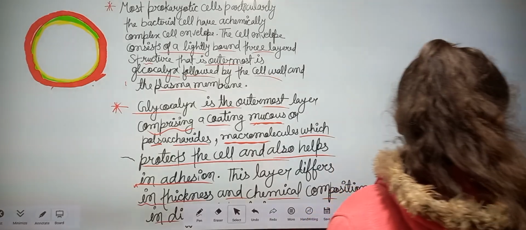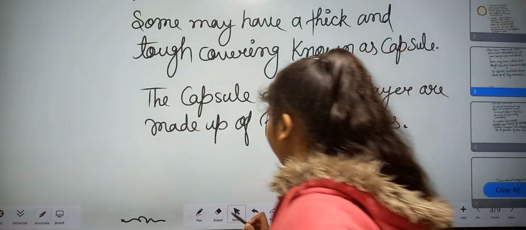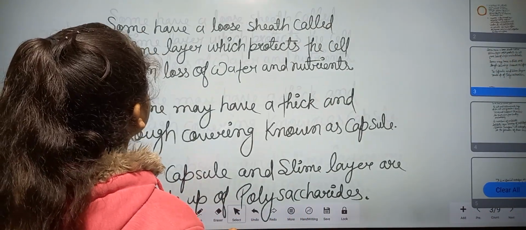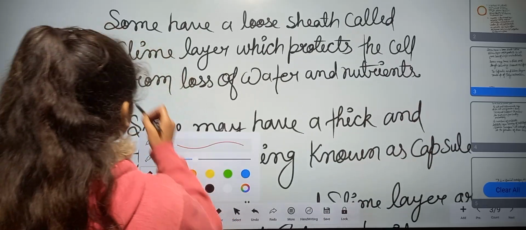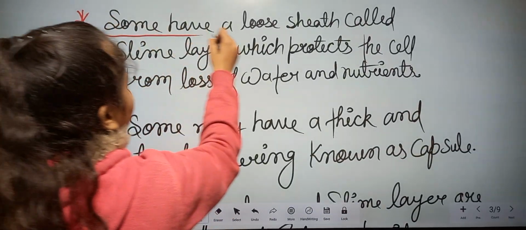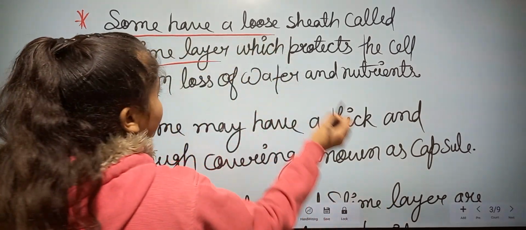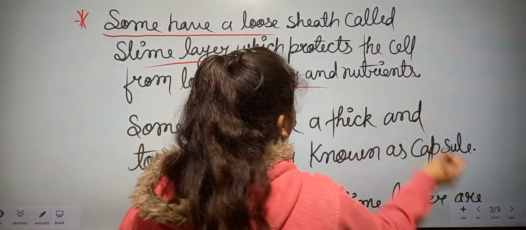So let's discuss further. Here, some have a loose sheath called slime layer, which protects the cell from loss of water and nutrients.